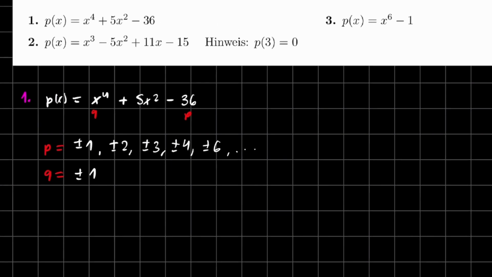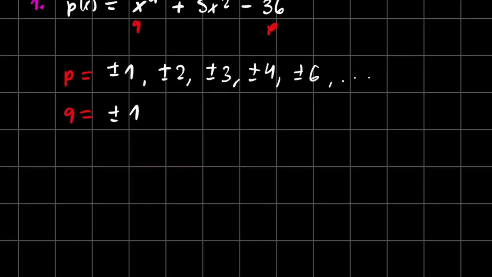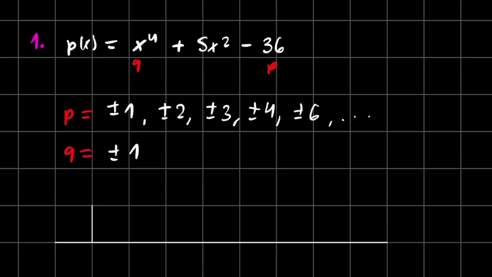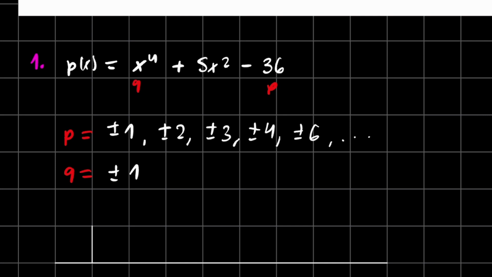So what we're going to do is we're going to do synthetic division again. So we're going to check for these numbers. You'll see what I mean. So we have this, right? Now, you have to write this whole equation in its entirety.